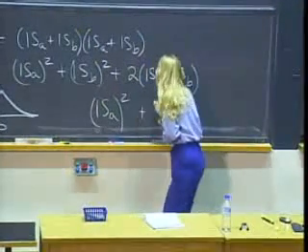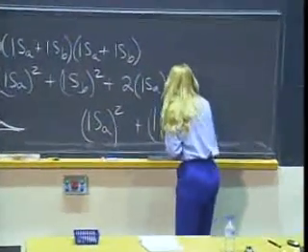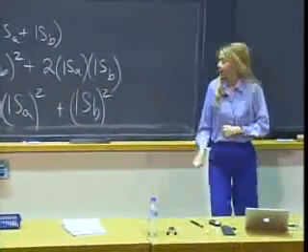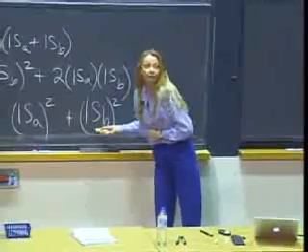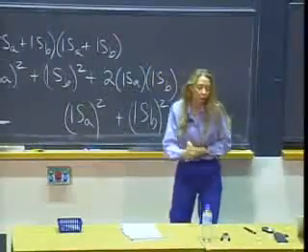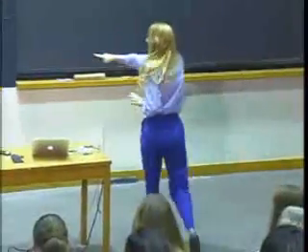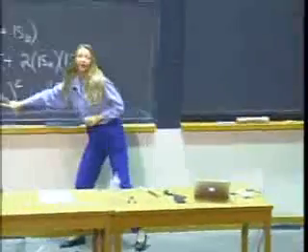And then I take another wave function for another hydrogen atom, 1sb, I square it, and I add those two up. In this case, what that's doing is taking two hydrogen atoms and just taking their wave function and squaring them.